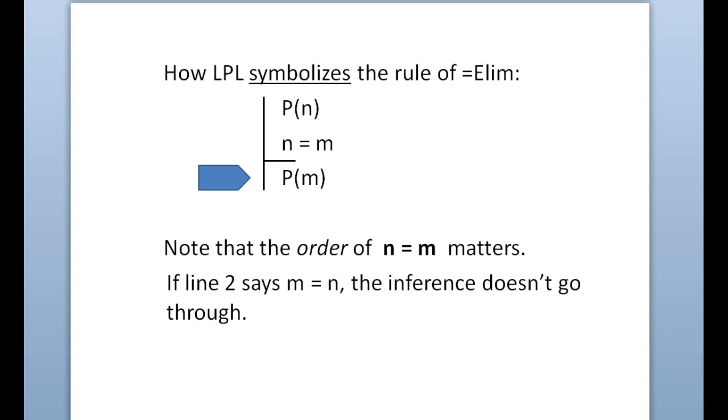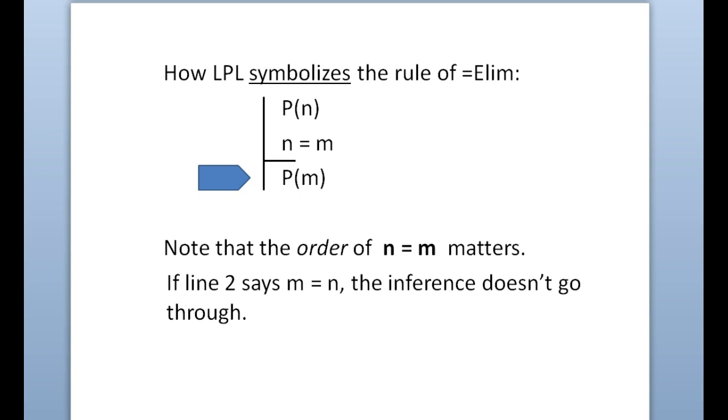Now P might contain one occurrence of the name in question, or it might contain several occurrences of that name. And what this blue arrow authorizes is you can replace one or more, as many as you like, of the occurrences of the original name in the original sentence with the new name, which is symbolized as m.